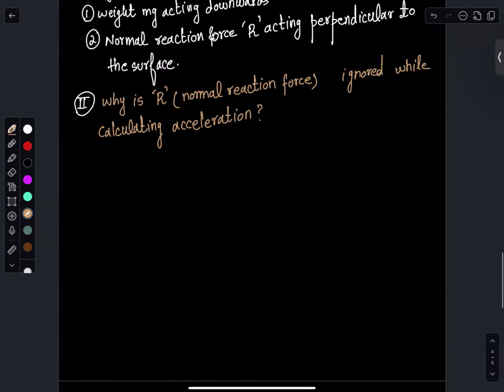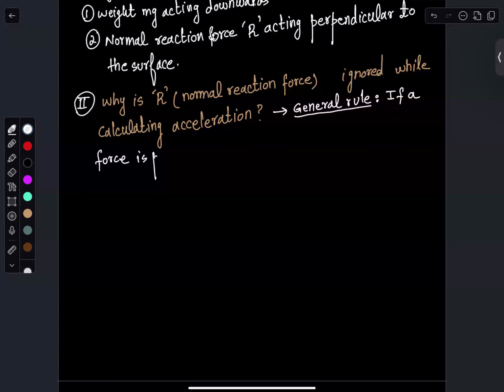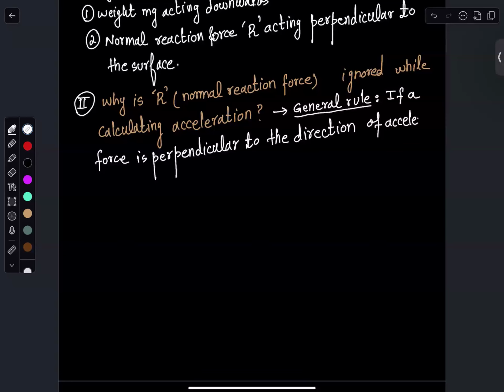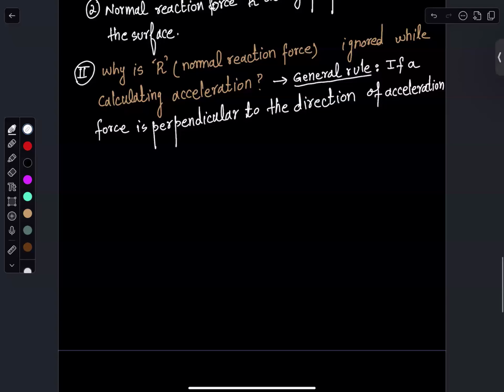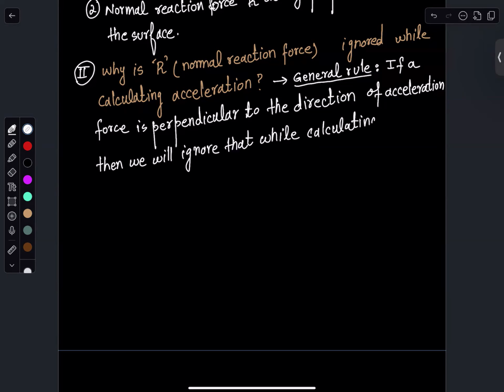So they are asking why is R ignored while calculating the acceleration in this question. तो we will say पहले हम जनरल रूल लिख देते हैं. जनरल रूल is that if a force is perpendicular to the direction of acceleration, then we will ignore that while calculating the acceleration.